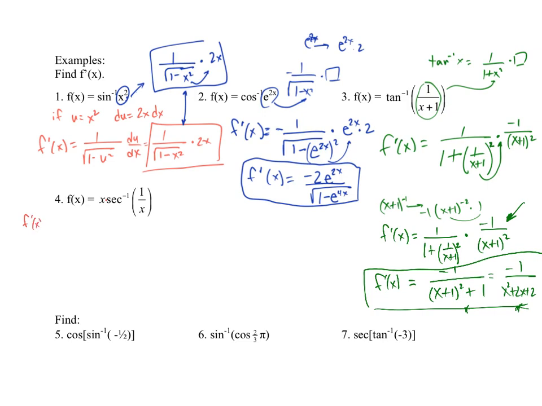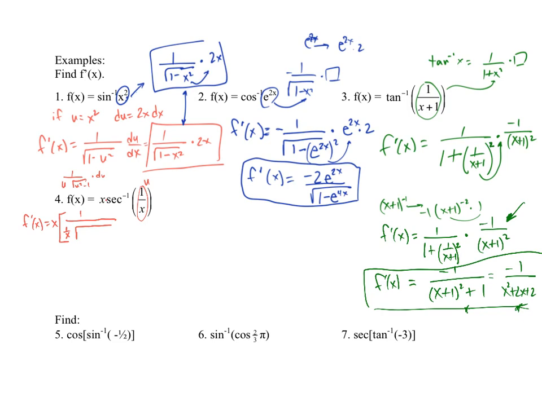So f prime of x will be the first times the derivative of the second. Now, the inverse secant, when we look at our formula above, is 1 over x times root x squared minus 1 times the chain rule part. So that would be 1 over x times root, remember this is like my u, and we had said it's going to be, let me write it down for you again, it's 1 over this u times the square root of u squared minus 1 times the du.